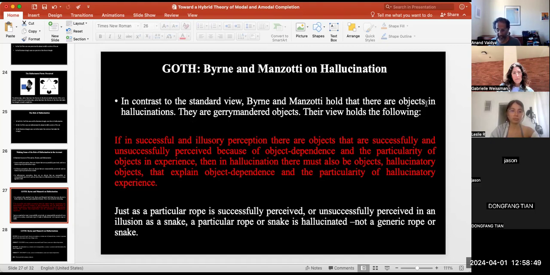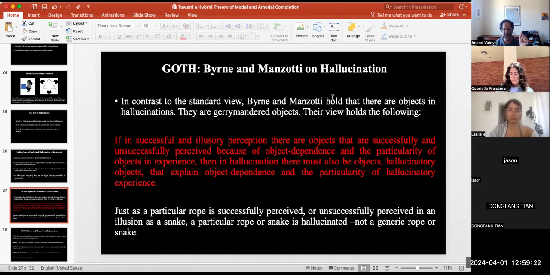So in contrast to the standard view, Byrne and Manzotti hold that there are objects in hallucinations. They are gerrymandered objects. Their view holds the following. If in successful and illusory perception, there are objects that are successfully and unsuccessfully perceived because of object dependence and the particularity of objects in experience, then in hallucination, there must also be objects, hallucinatory objects, that explain object dependence and the particularity of hallucinatory experience.